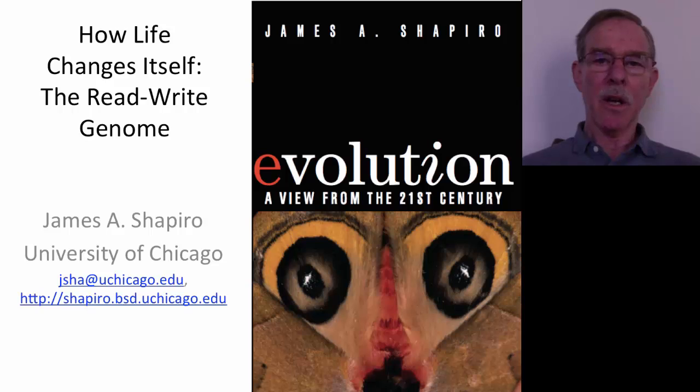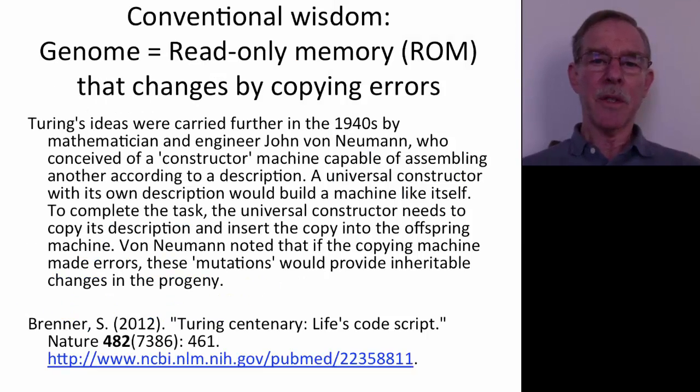And what I'd like to talk about is how we think about genomes, how they change, and how the cell uses them. The conventional wisdom is that the genome tells the cell what to do and that it's a read-only memory. And the only way the genome changes is through copying errors.